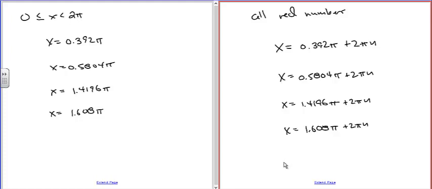And again, you have to tell me what n is to specify that. So again, that's all integers. And when n equals 0, you get these solutions.